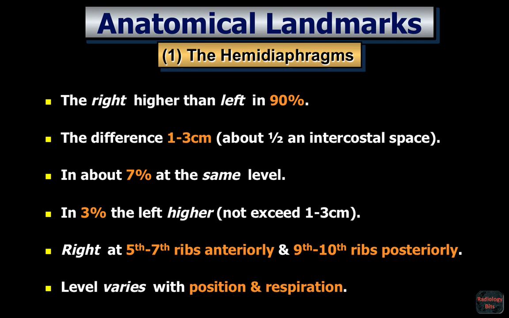So if you take the X-ray in a supine position, that's different than taking it when the patient is standing. And the level of the hemidiaphragm would vary according to the patient's inspiration or expiration. The better the patient breathes in, the lower the hemidiaphragm. The more expiratory the scan is, the higher the position of the hemidiaphragm.